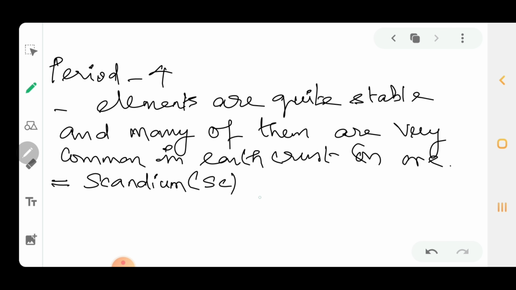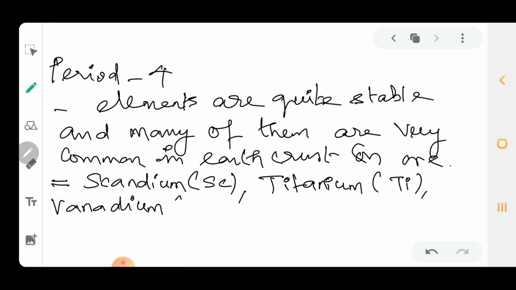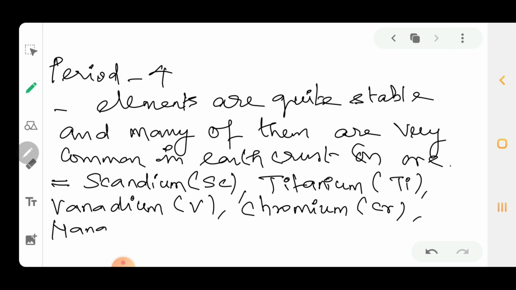represented as Sc. Then the next element is titanium, represented as Ti. The third one is vanadium, represented as V. The fourth one is chromium, represented as Cr. The fifth one is manganese, represented as Mn.